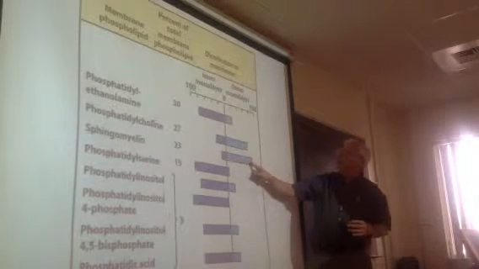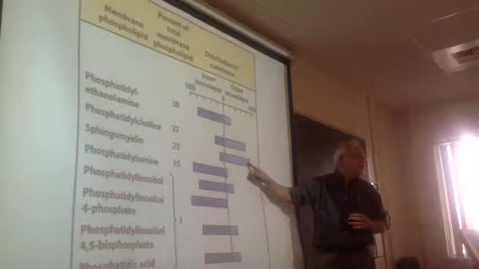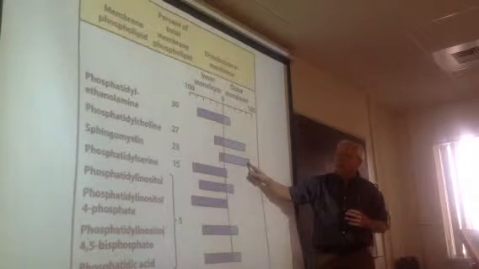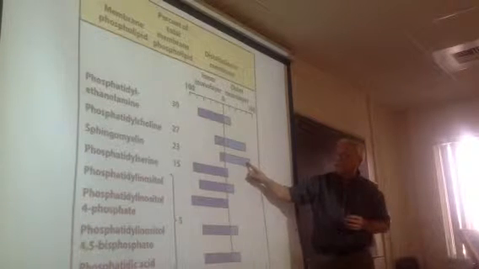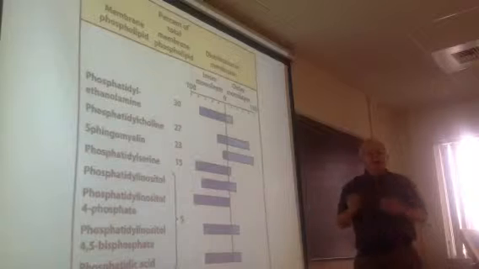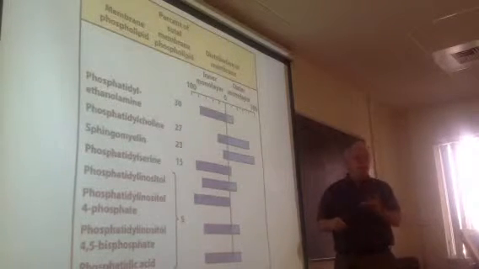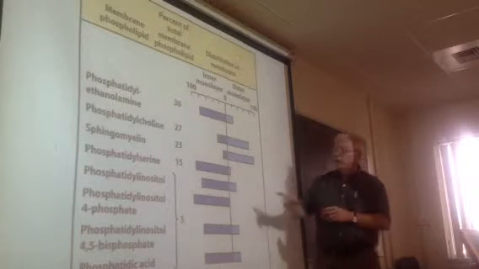Sphingomyelin, at least in this cell, is almost always on the outside. Why is that? There must be some reason for that. So it could be related to a function of what needs to be done by the cell, right? That's right. So there's an interesting story there that they haven't figured out. What is that function? What is it doing on the outside?